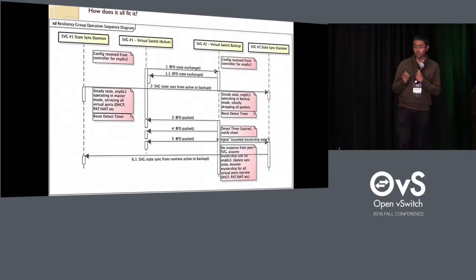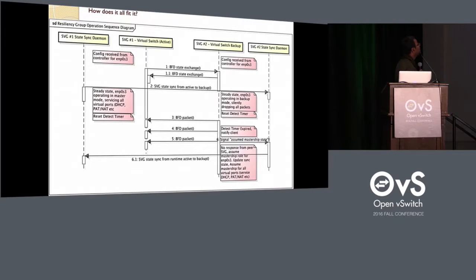So, another quick look at how this is supposed to work. You will have a config coming down from the controller, and you will configure the port level BFD on the virtual switch, and then you will also kick off the state synchronization daemon.